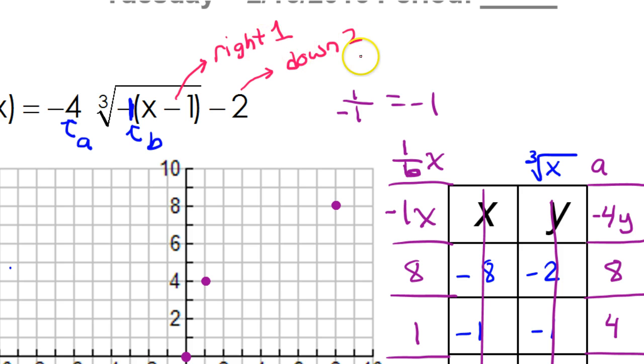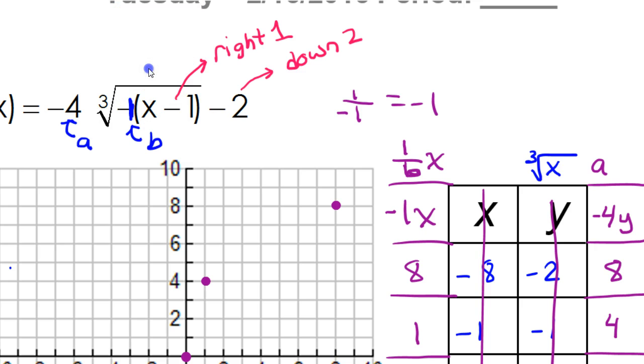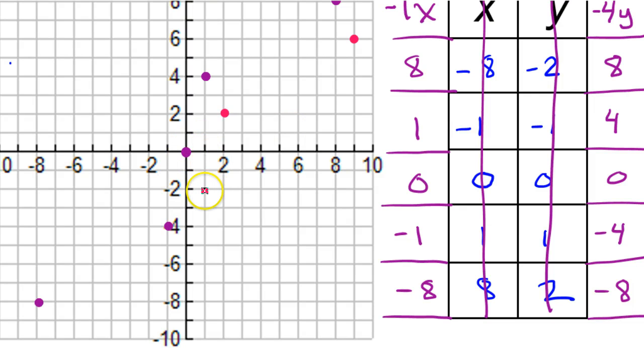So right 1, down 2. So I will move each one of these points right 1 and down 2. Right 1, down 2. So these pink values are the real values.